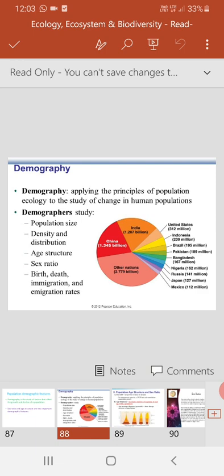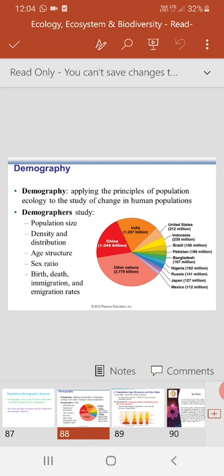They study the size of the population, the density and distribution of the population, the age structure and the sex ratio, even the birth rate, death rate, immigration and emigration rate. But of all these factors, age structure and sex ratio are the key factors behind demographical studies.